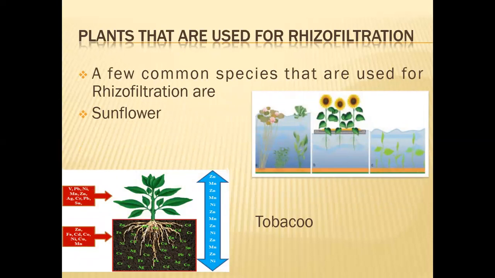In this slide we discuss which plant species are used for rhizofiltration. A few common species used for rhizofiltration are sunflower and tobacco, and in these pictures we can also see how these plants are constructed, and the pathways by which heavy metals move from the roots to the shoots and then the leaves.